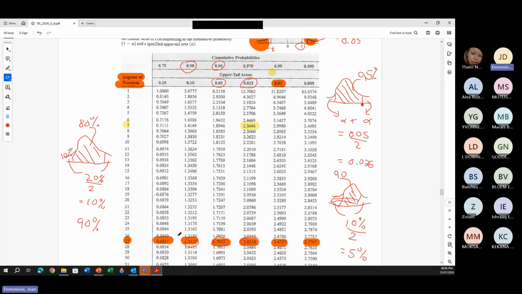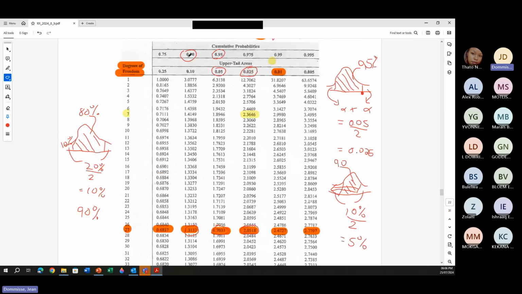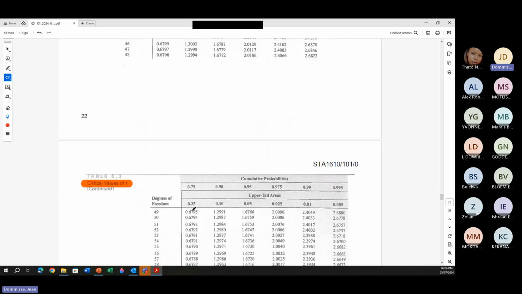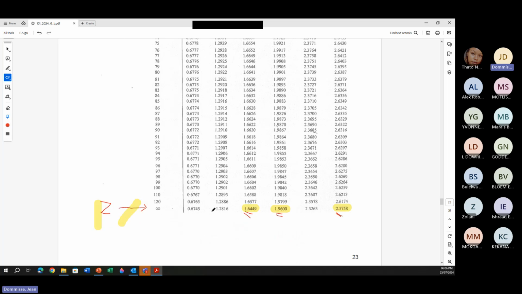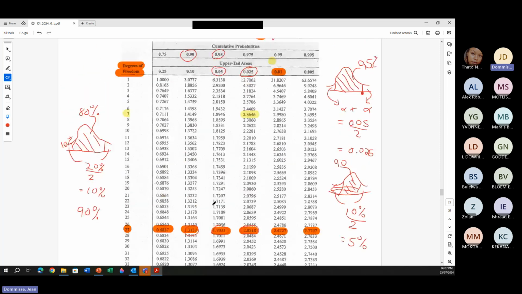They will not ask you 80% with a Z. That will be something around 1,28 or something like that. So it's not one of the things that is standard. So they will not ask that for you in a question.